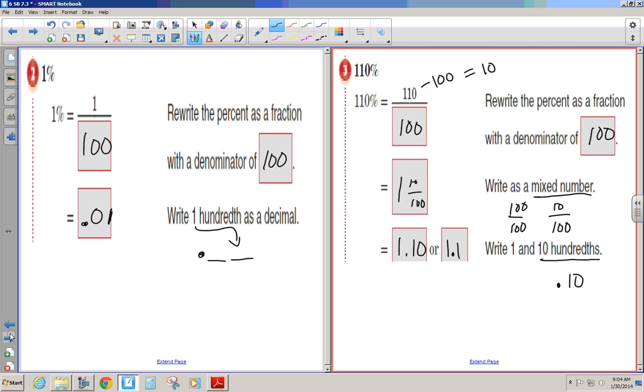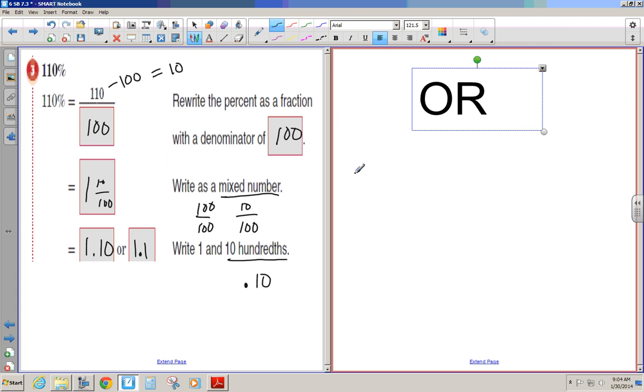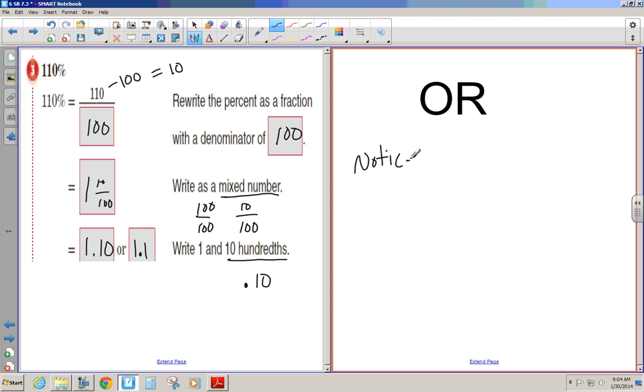So you need to notice that when you go from percent to decimal, there are always two decimal places.